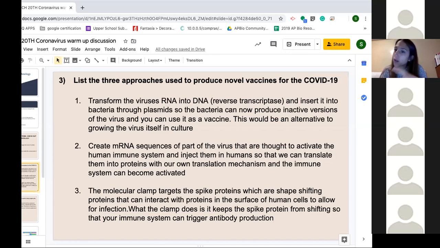And since now you've got the proteins that are identified as foreign, your immune system will get triggered and will start producing antibodies towards those proteins. And when you get the actual virus, your immune system will have the memory of how to produce those antibodies and will help you combat the disease much faster.